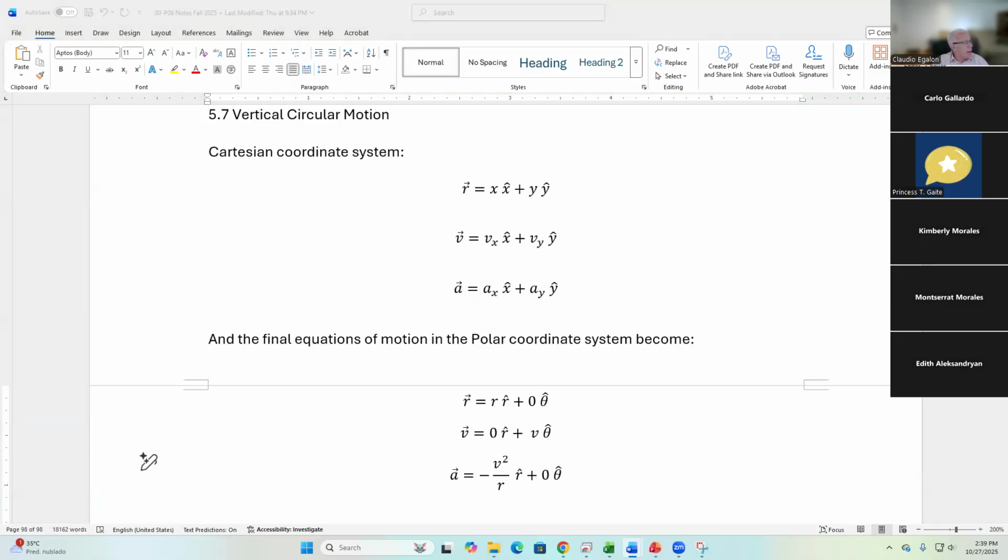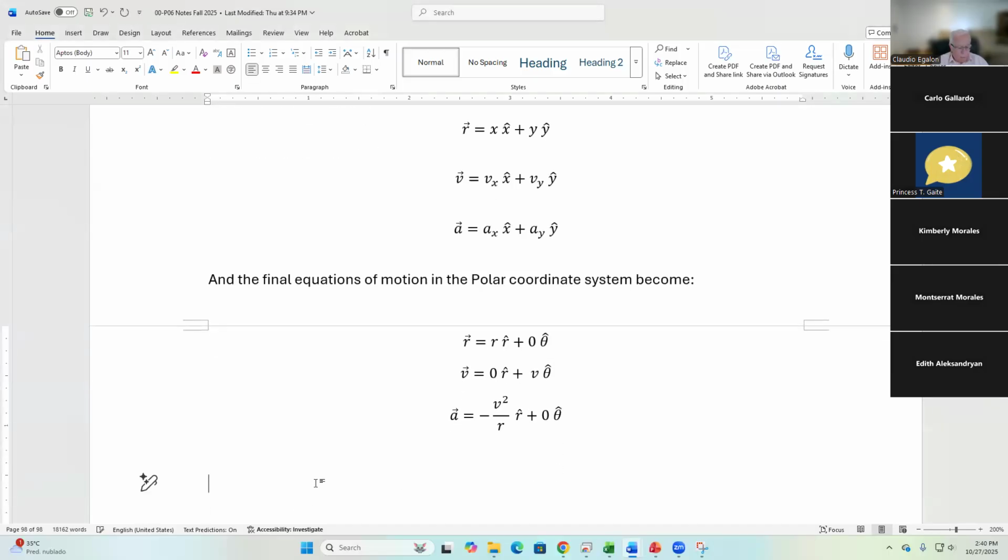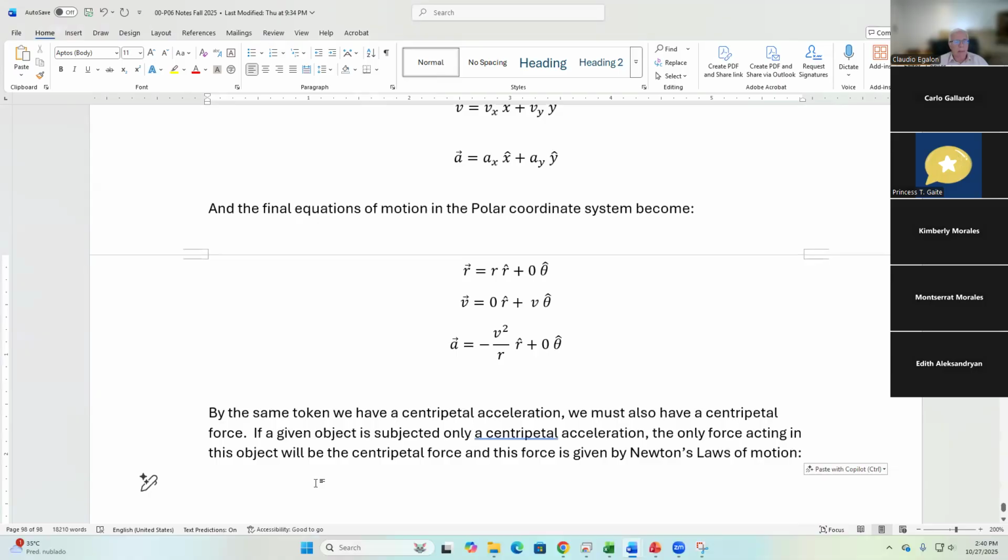Now we can start talking about Newton's law of motion for uniform circular motion. Let me just give you this brief introduction. By the same token that we have a centripetal acceleration, we must also have a centripetal force. Remember F equals ma?